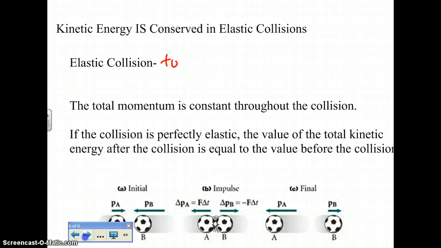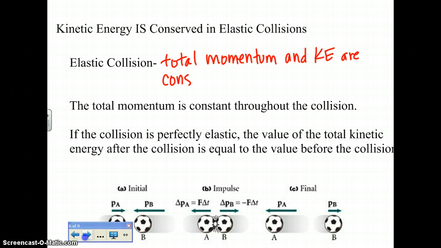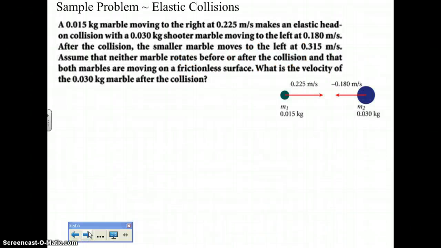So this is where total momentum and kinetic energy are conserved in a collision. Total momentum is constant throughout the collision. If the collision is perfectly elastic, the value of the total kinetic energy after the collision is equal to the value before the collision. That should make sense, right?